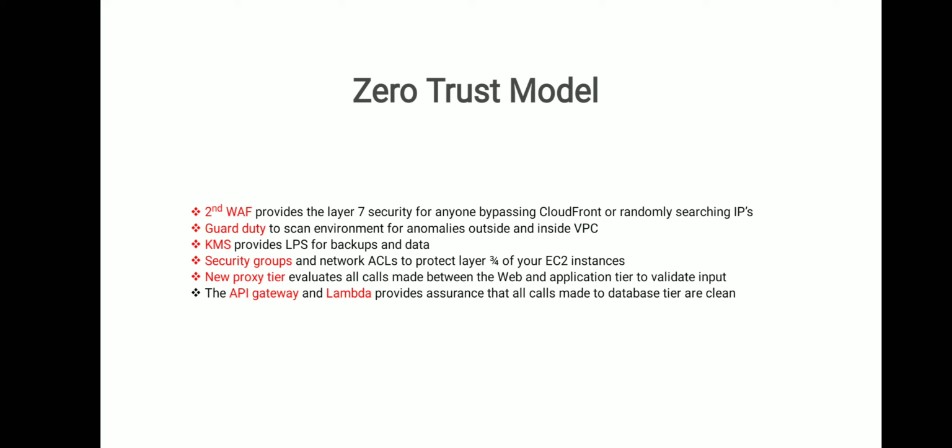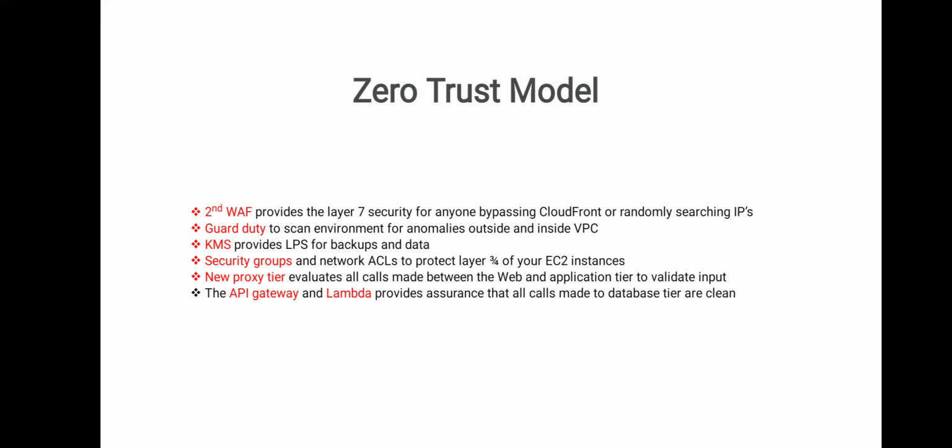So you see, the second WAF provides the layer 7 security for anyone bypassing the CloudFront or randomly searching for the IPs. GuardDuty watches your environment, looking for anomalies outside and inside your VPC. Now, KMS is also implemented for backups and data, and security groups and network ACLs provide layer 3 and layer 4 protection.